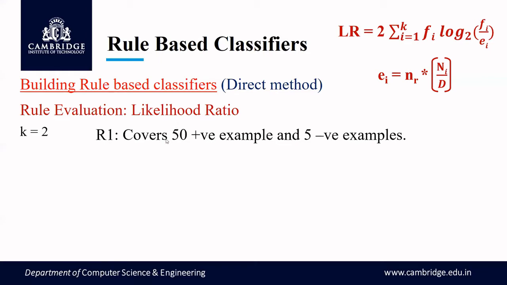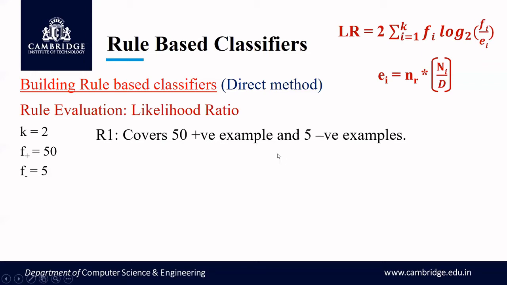So f plus is, as the rule says, it covers 50 positive examples, so f plus equals 50, whereas f minus equals 5, because the rule covers 5 negative examples. So the frequency is the frequency of a particular class covered by the rule you have considered. Rule R1 covers 50 positive examples, so f plus is 50, and it covers 5 negative examples, so f minus equals 5.